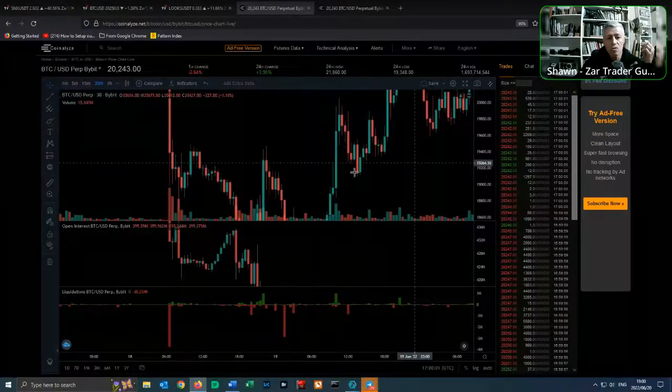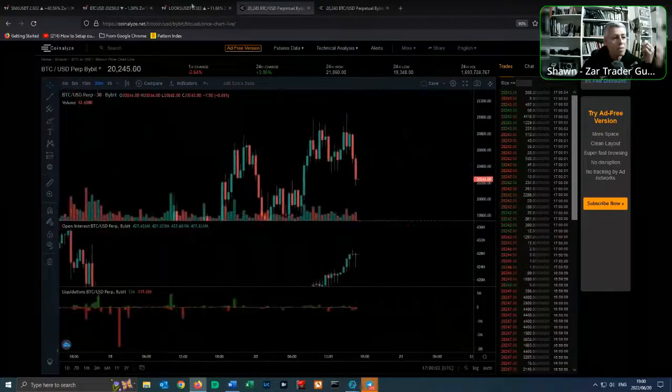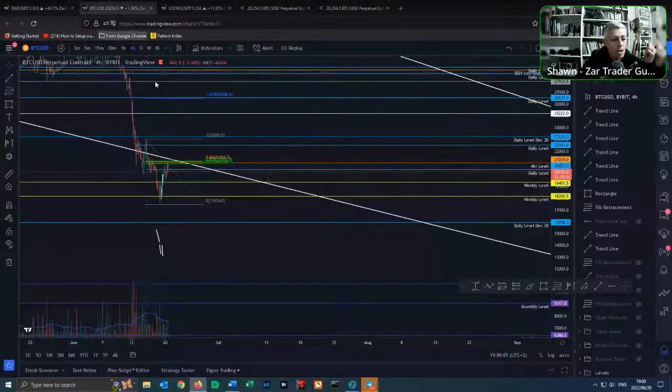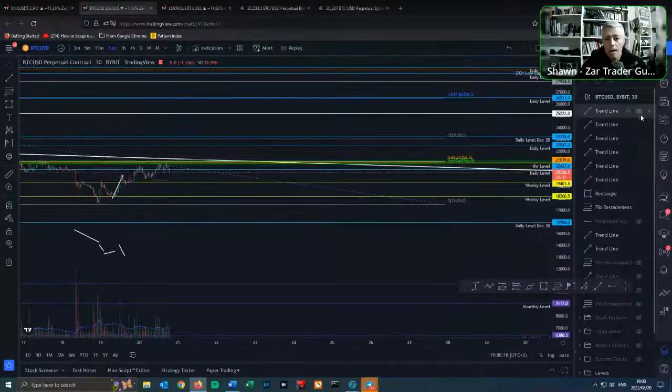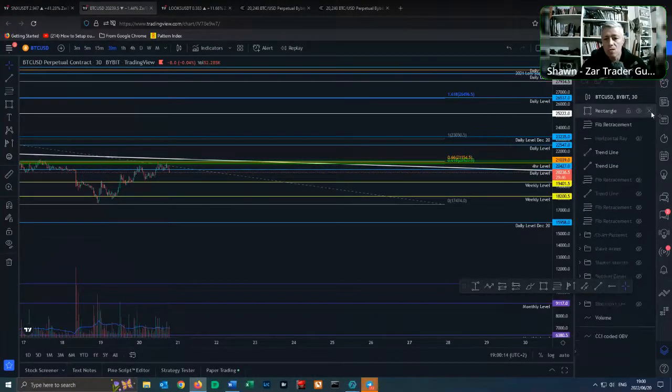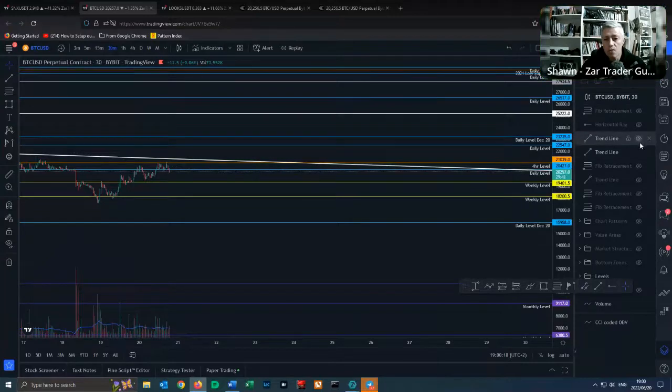So what I would do when price comes down to, let's say, okay, let's change down to 30 minutes. I'm going to clean this chart up a little bit so that we can actually see what's going on here. Switch off that, switch that off, that one off.